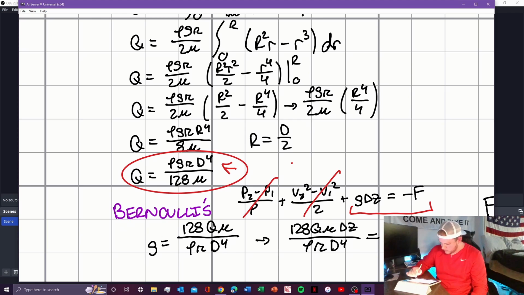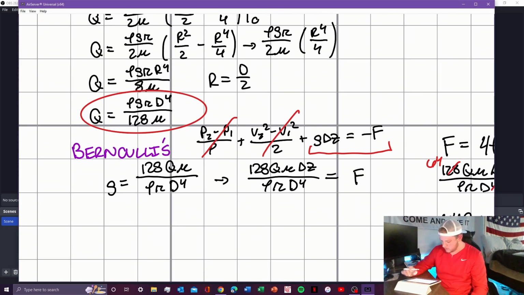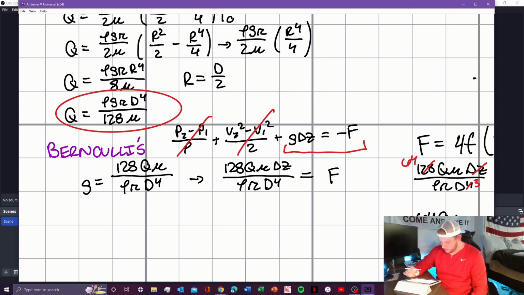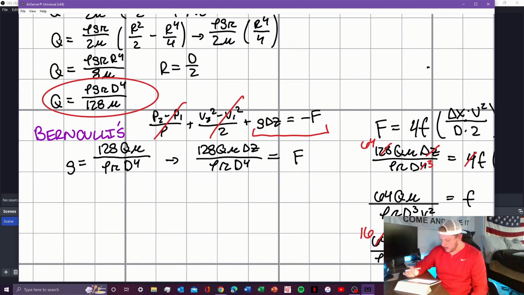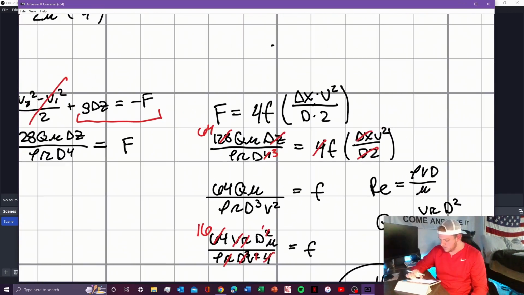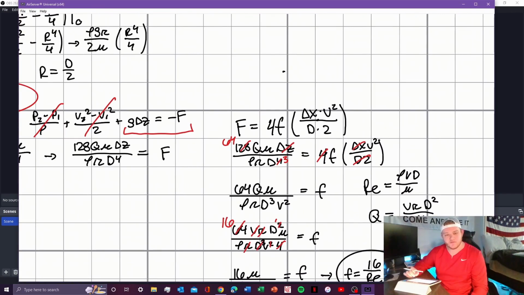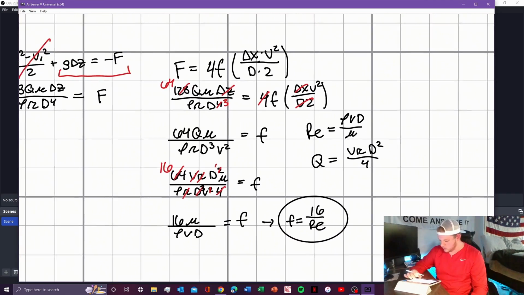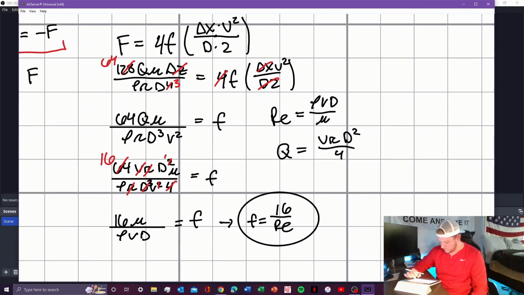We then used the flow rate to solve for gravity, to plug into the Bernoulli equation to relate the frictional heating coefficient. We then use the relation of the frictional heating coefficient with the Fanning factor to solve for the Fanning factor relationship to the Reynolds number.